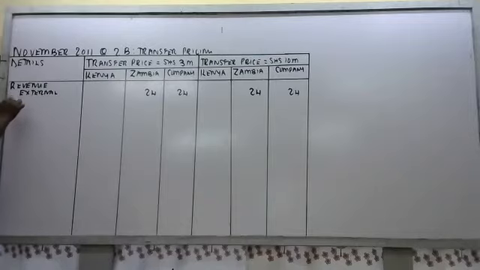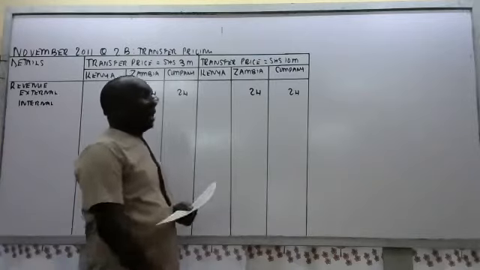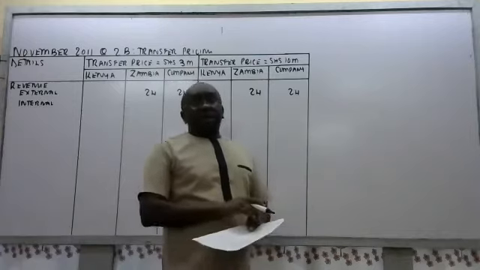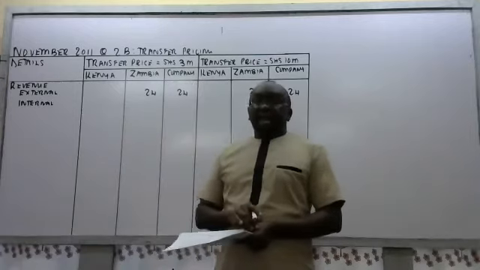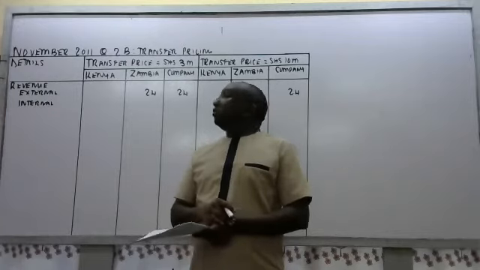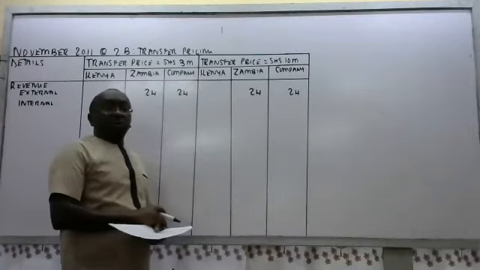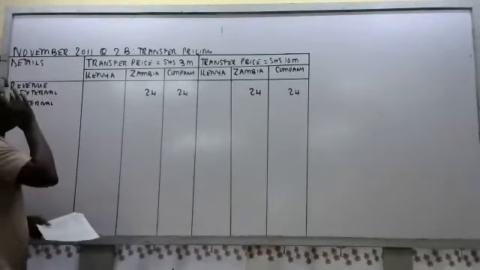Then we come and get the internal. Internal is the transfer price. I told you transfer price is a revenue to the supplier and a variable cost to the receiver.